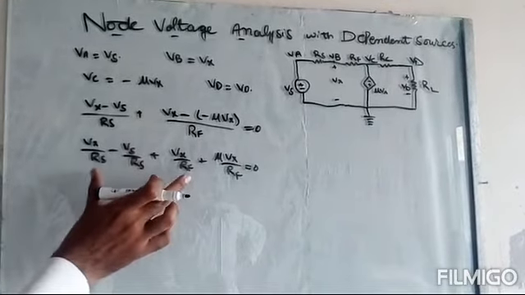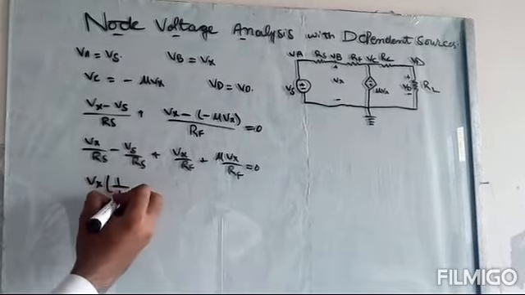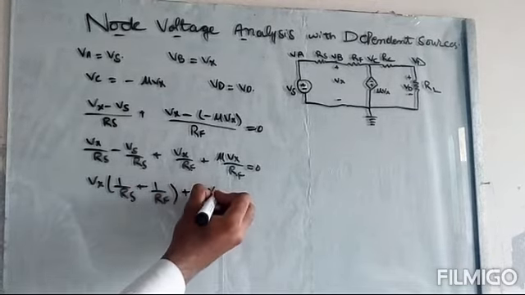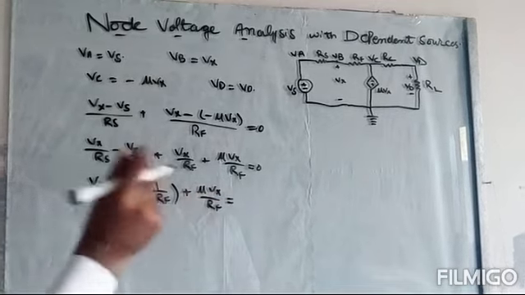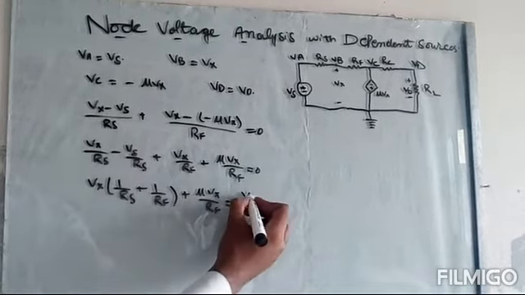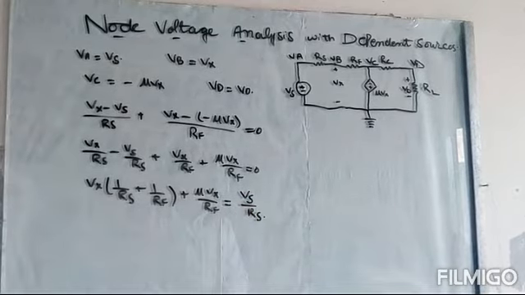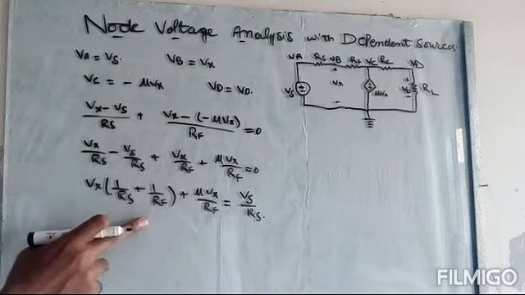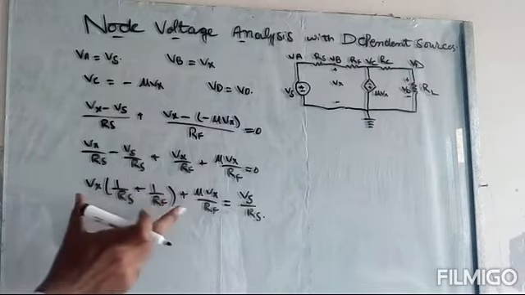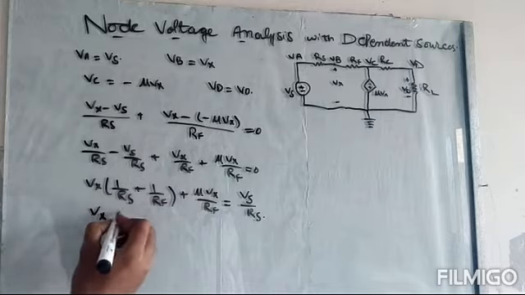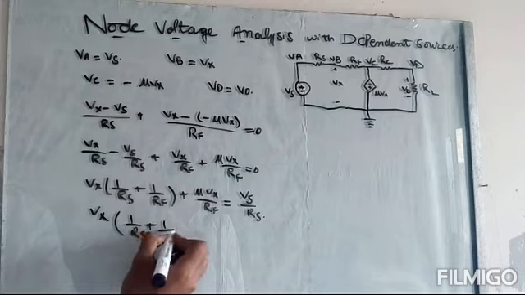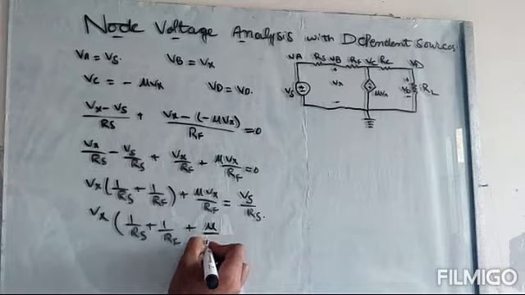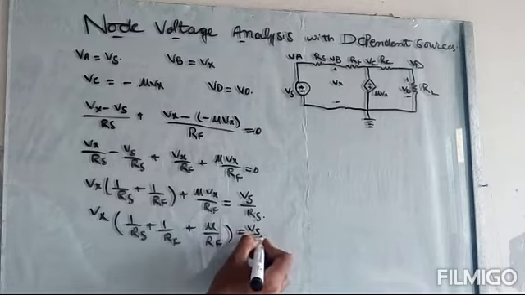Vx can be taken common: Vx into 1 over Rs plus 1 over Rf plus mu over Rf is equal to the source voltage term on the other side, Vs over Rs.